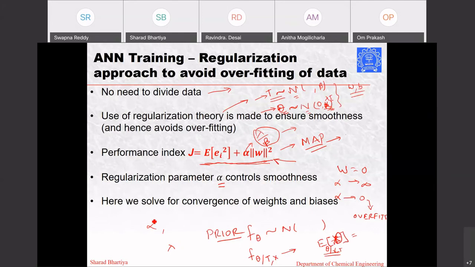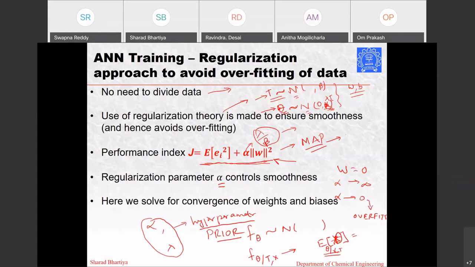These parameters which come into play in Bayesian approaches are known as hyperparameters, because these are not weights and biases that are used in the model. Eventually, when I get my ANN, I will only need weights and biases. But these parameters need to be fixed before we can do any work, and these are known as hyperparameters.